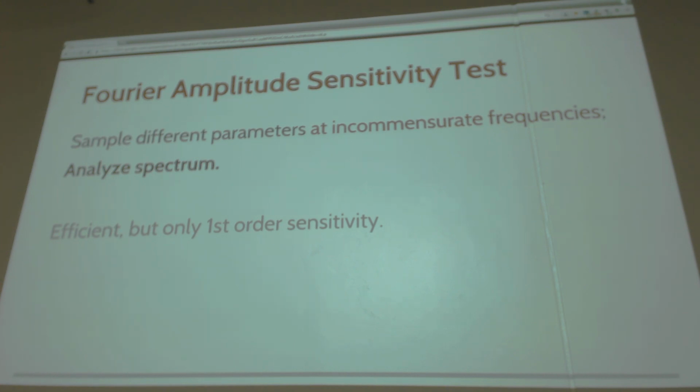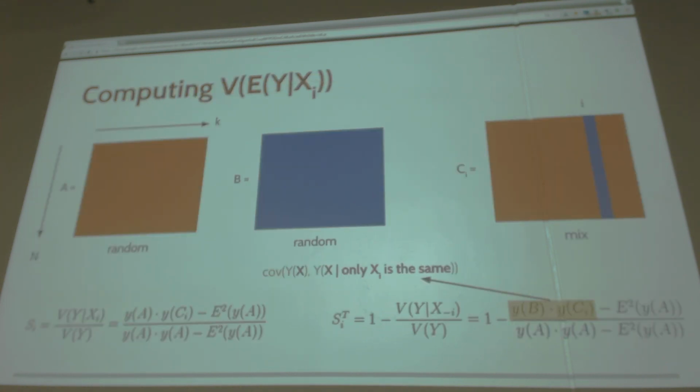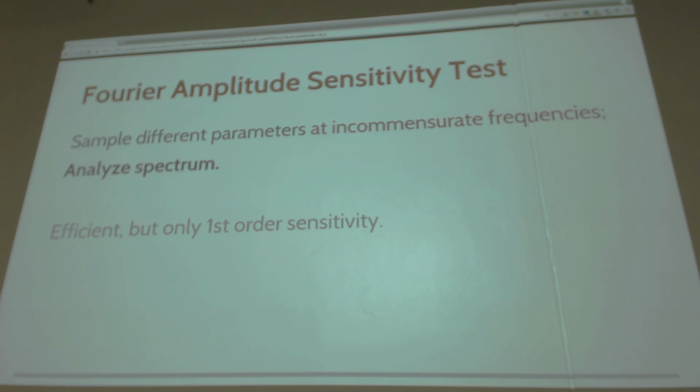And it turns out that if a parameter matters, then there will be a spike on the spectrum corresponding to the frequency with which we vary that parameter. So this method is efficient. It requires a lot fewer points than this method, for example, to compute the first order sensitivity, but unfortunately it can only compute first order sensitivity.